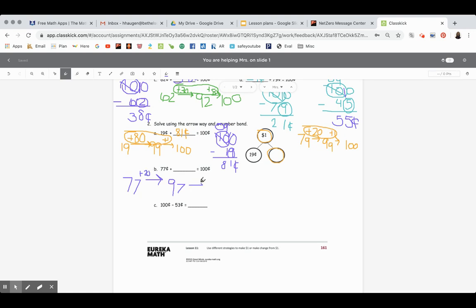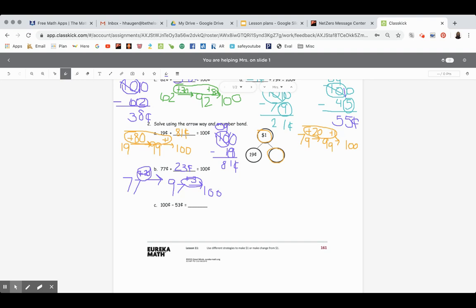And then from 97, how many do I need to make 100? Just 3. Very good. So my final answer to go in the blank is what? 20 and 3 is 23.